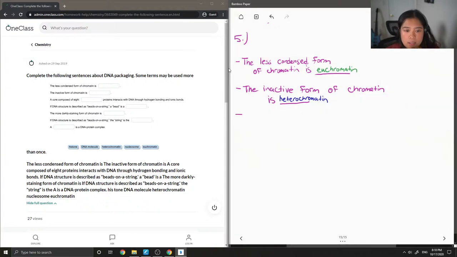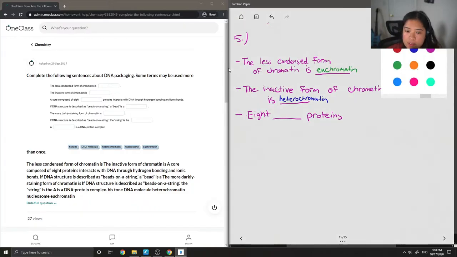Next, a core composed of 8 blank proteins interacts with DNA through hydrogen bonding and ionic bonds. Okay, so the only option for the proteins is histone. So we know that it's going to be a core composed of 8 histone proteins, interacts with DNA through hydrogen bonding and ionic bonds.